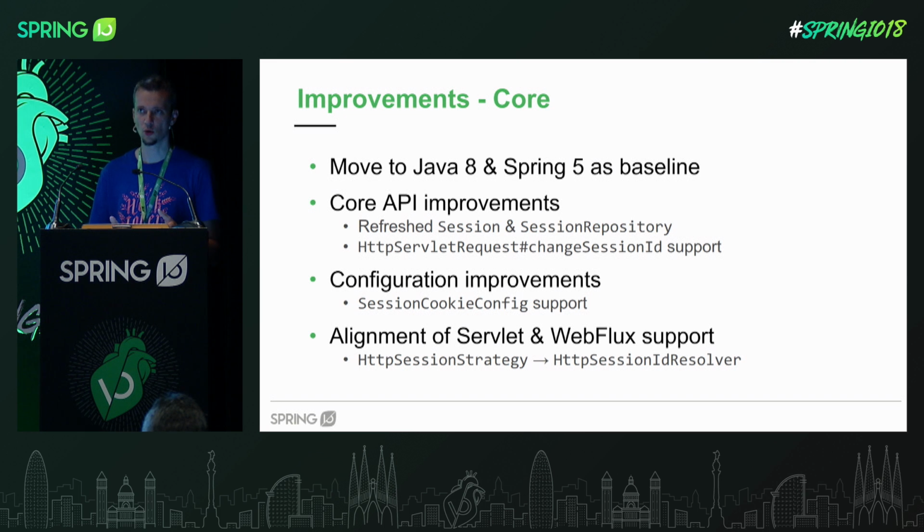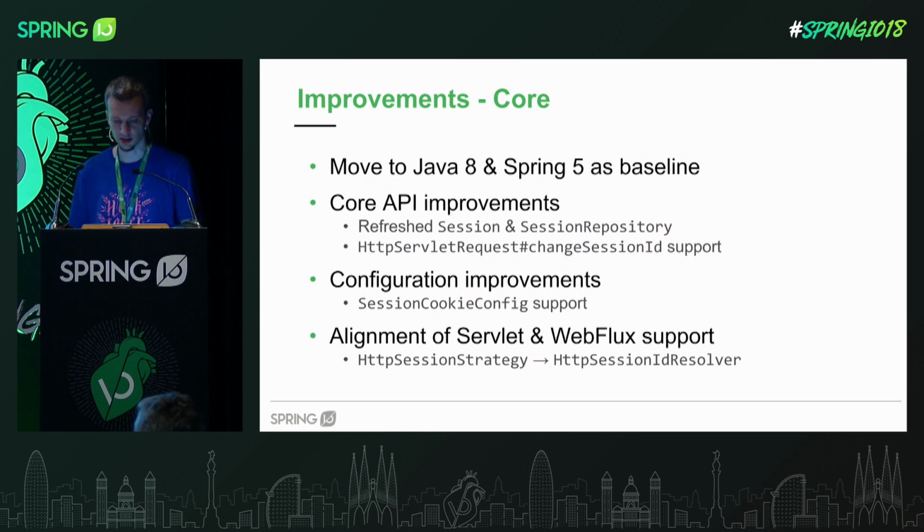Since in practice all of the session repository implementations implemented the expiring session, we decided to merge it into one. So all the APIs from expiring session were moved to session. This is now a simpler arrangement.